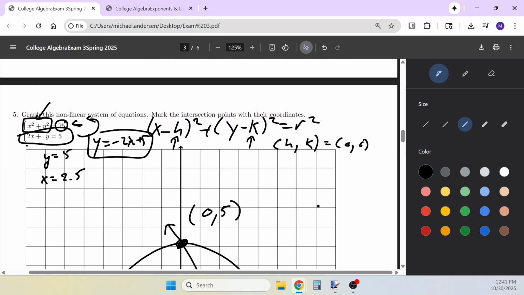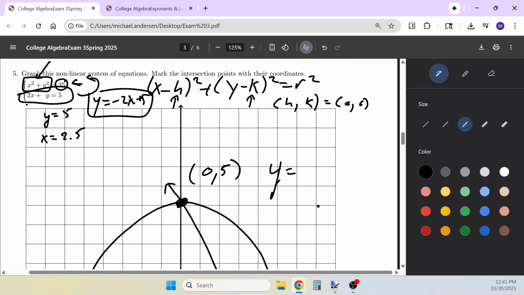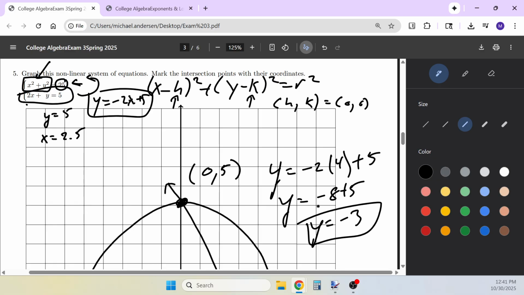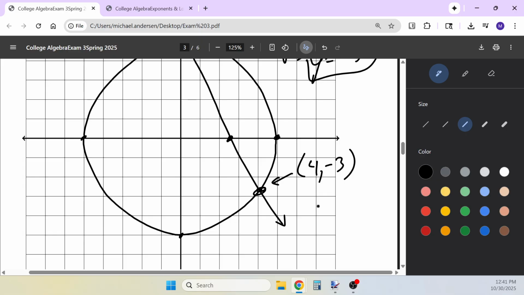By the equation, y equals 5. There's our answer.